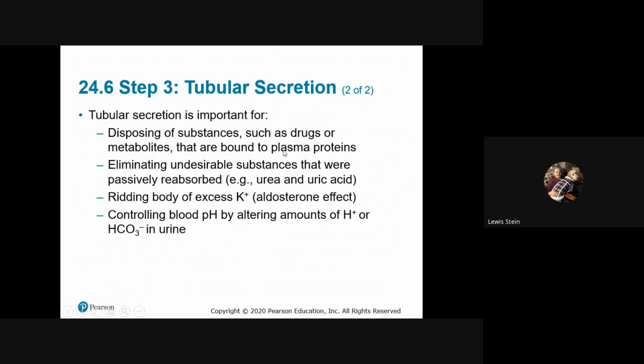Okay, so drugs and metabolites, undesirable substances, and excess potassium are secreted, which is associated with aldosterone moving sodium in and potassium out. And that was one of the difficult things for years with diuretics, excessively lowering potassium when we were moving the fluid.